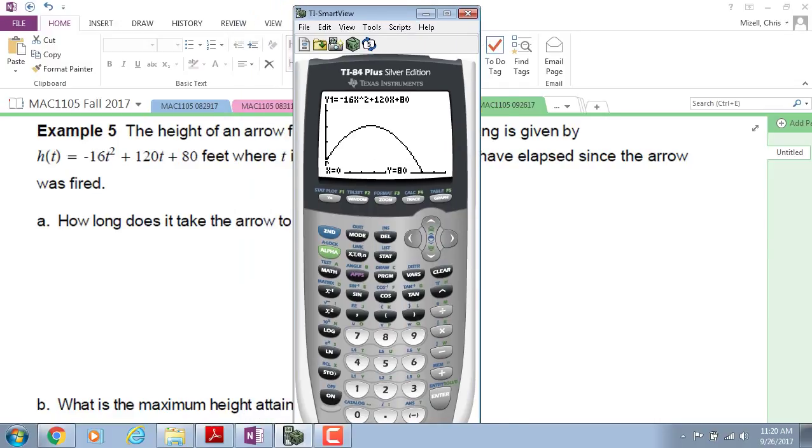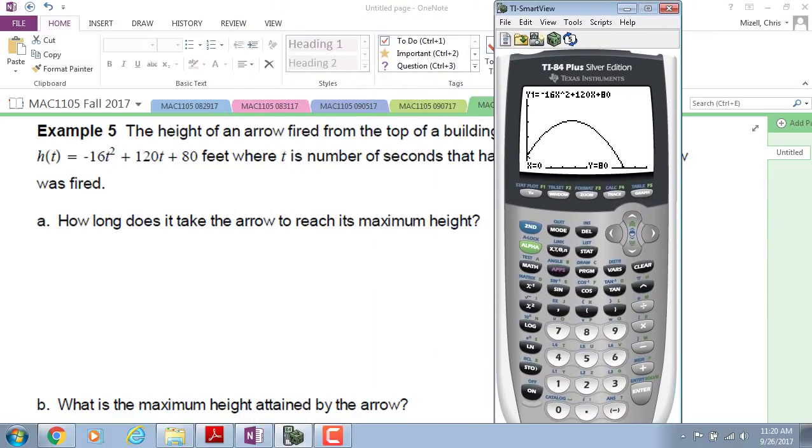We're trying to determine how long it takes the arrow to reach its maximum height. This section had to do with finding relative maximum points, relative minimum points. So how long does it take to reach its maximum point? Second, calculate, number 4 on the list for maximum.